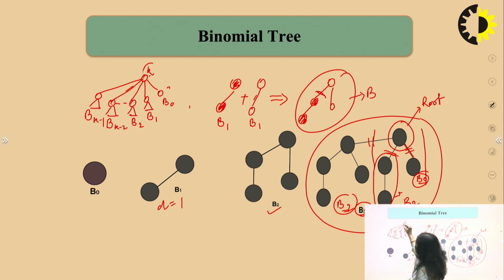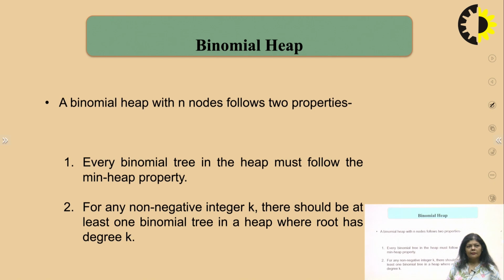So in a degree k binomial tree, we have all such components connected together, and they are connected in an ordered fashion. That way we say that binomial trees are ordered trees.